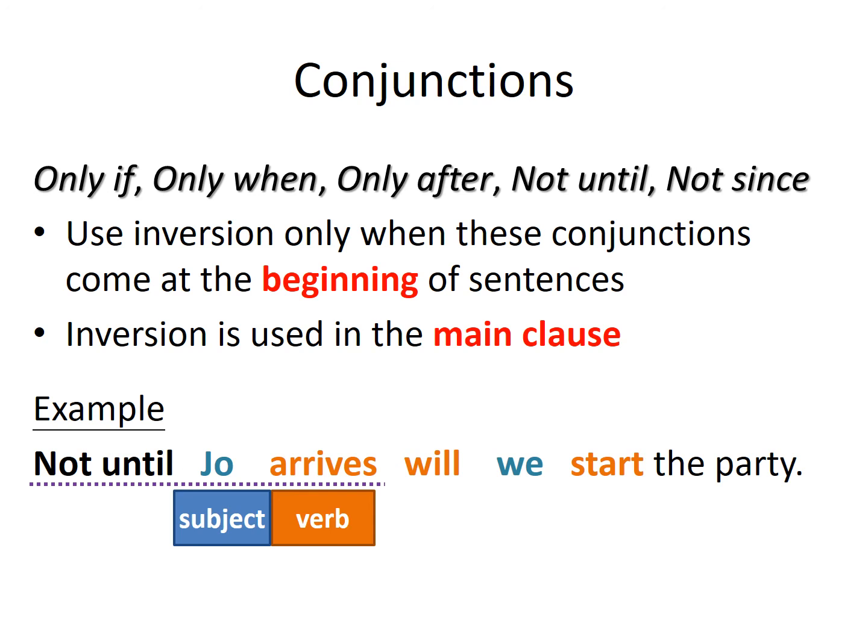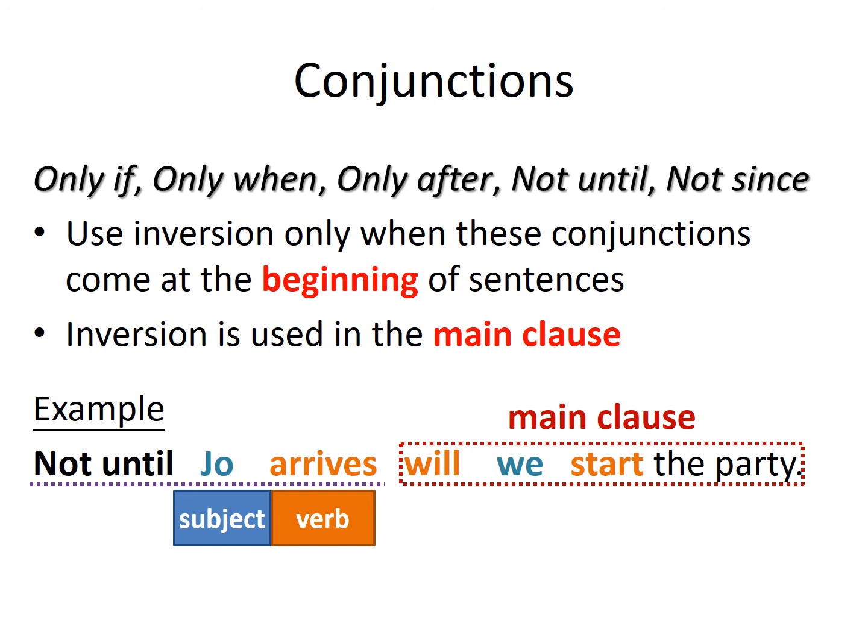The remaining words, will we start the party, is the main clause, so inverted verb plus subject structure is used. Again, since the verb in the main clause, will start, has two words, we take the first part of the verb, will, before the subject we, and the remaining part of the verb follows the subject.